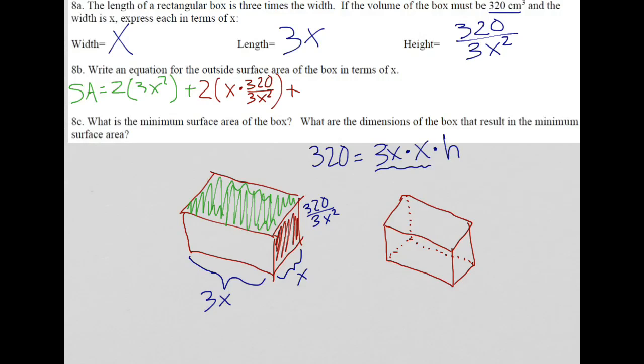And then finally, let's add my last side, which is this front and back right here, the yeller feller, which is going to be 2 times 3x times, again, that nasty height, which is 320 over 3x squared. Okay, that's the whole thing, but man, that is ugly.